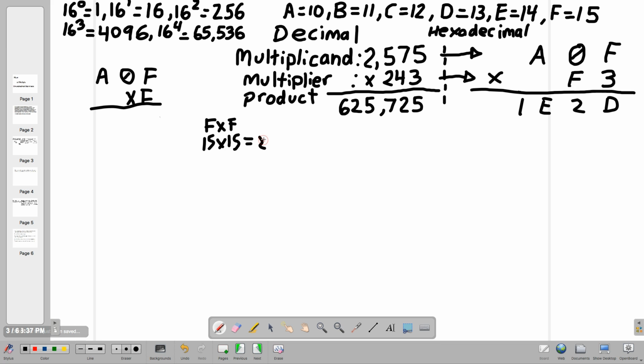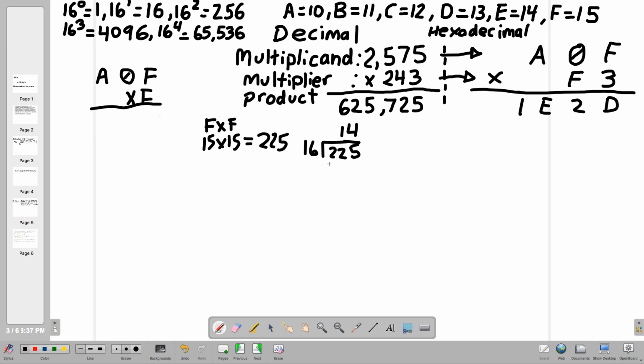Let's clear that up. And then we want to convert that to hexadecimal. So 16 goes into 225 fourteen times. And 14 times 16 equals 224.